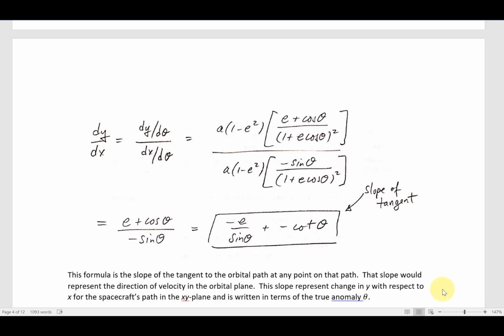This slope represents the change in y with respect to x for the spacecraft's path in the xy plane, and it's written really only in terms of the true anomaly. The eccentricity is fixed. The true anomaly is that angle that you sweep out as you go through the orbit. So this is the slope as a function of the true anomaly theta. Of course, it also depends on the eccentricity.